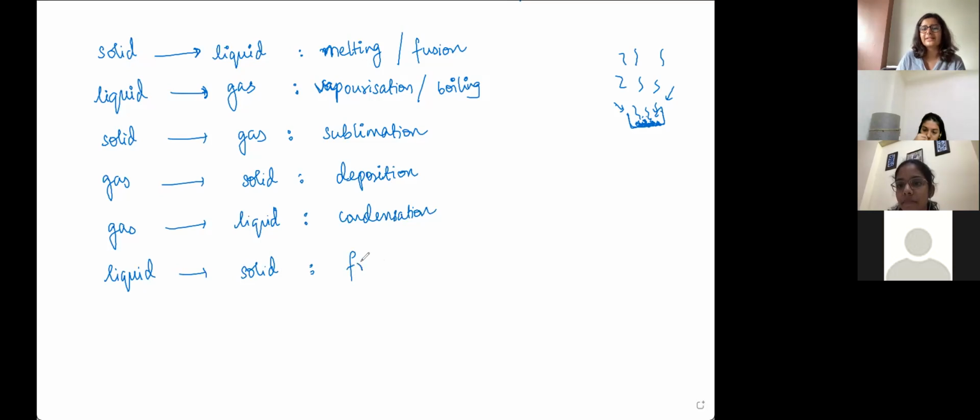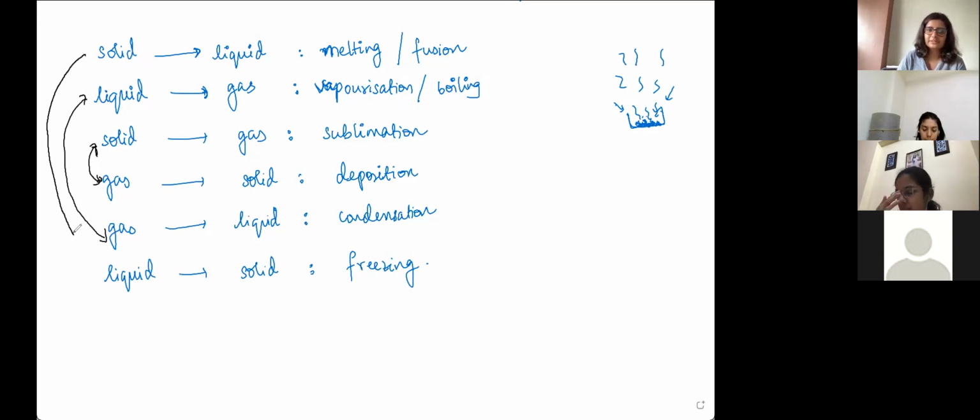Freezing. Freezing, yes. So all these processes, you can write them side by side so that you have that connection. Liquid and gas: one way is vaporization, the reverse is condensation. Solid and liquid: it's melting or fusion, or the other way is freezing.